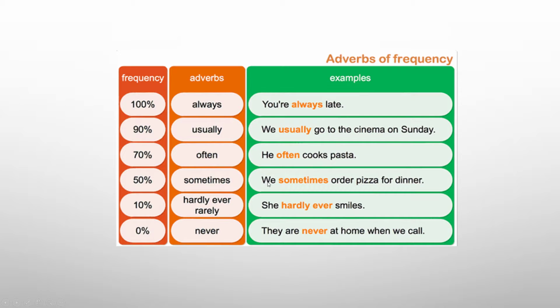The example says, "We sometimes order pizza for dinner." When we do something with a 10% of frequency, we can use hardly ever, casi nunca, or rarely, raramente. The example says, "She hardly ever smiles."